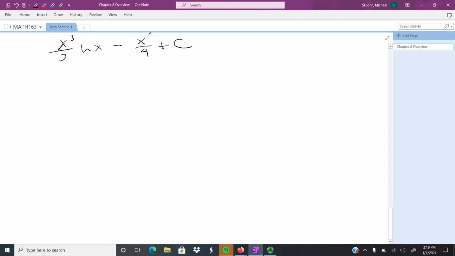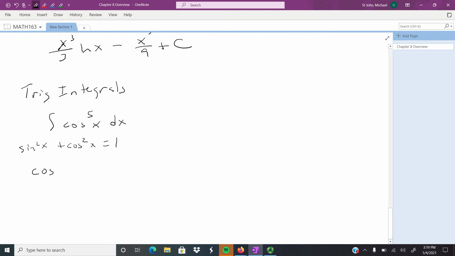Other integrals they talk about in this chapter, they talk about trig integrals. So let's do an example of one of those types. So if I have this, cosine to the 5th x dx. And so if you remember your trig identities, one of those was that sine squared plus cosine squared equals 1.